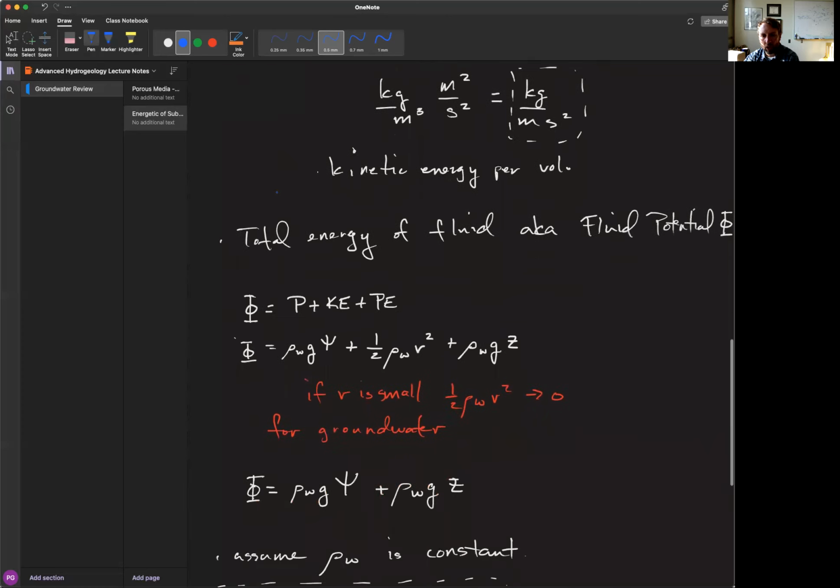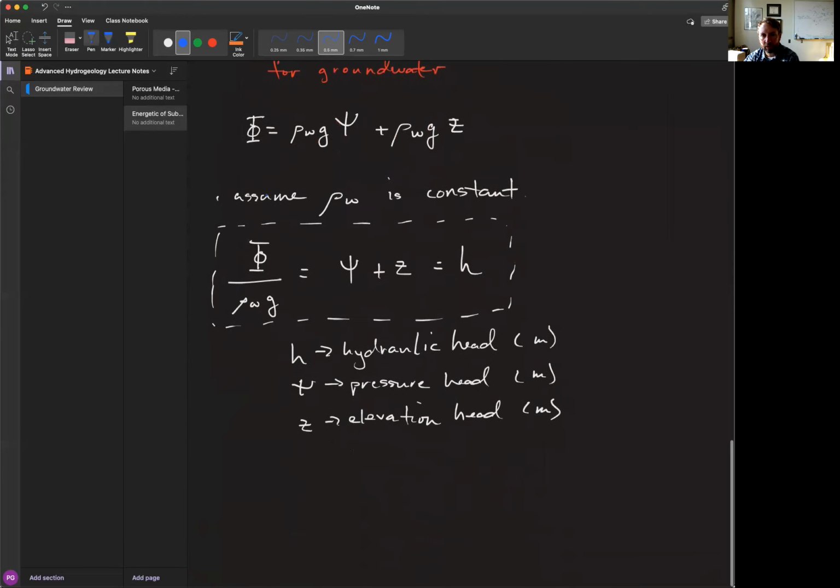It makes it very convenient for a hydrologist to measure the total energy in groundwater just by measuring the elevation of the water in the well. We can break that up into our pressure energy and our gravitational potential energy.